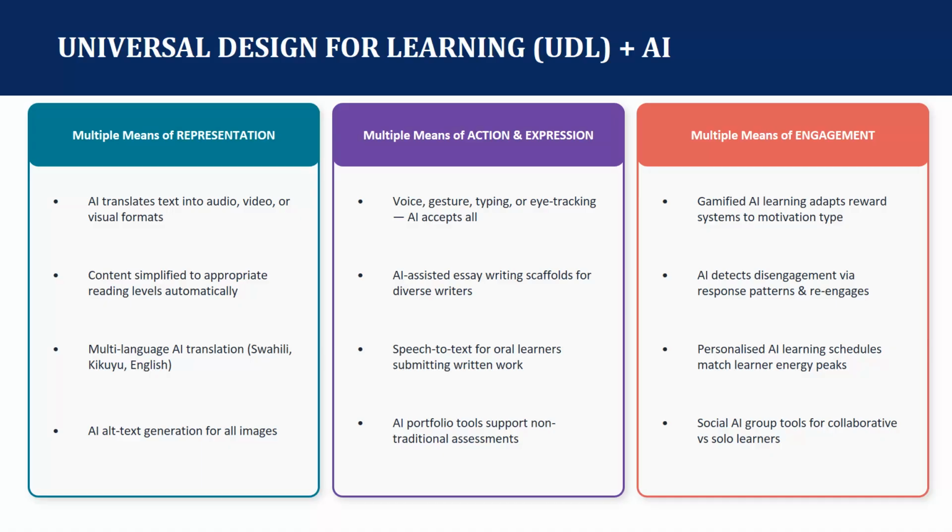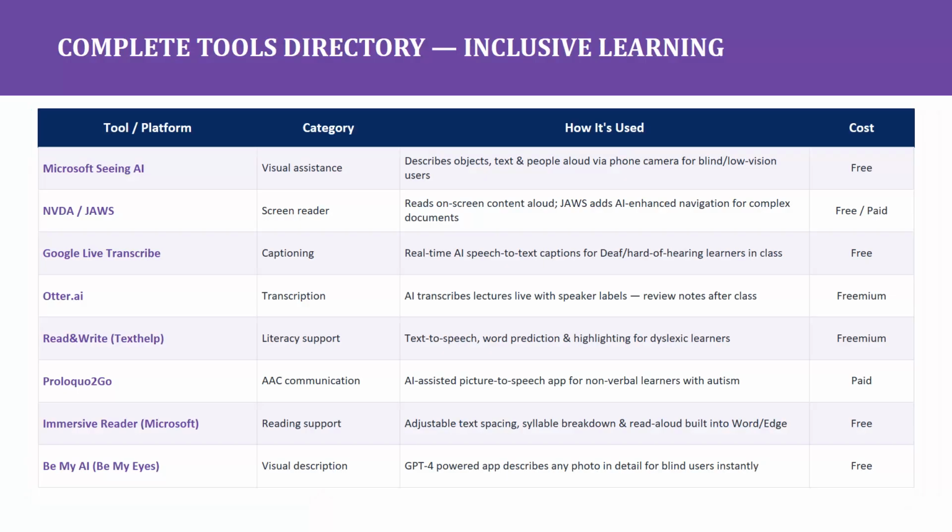Now we have the social AI group tools for collaborative and solo learners. All these are very, very powerful tools that we categorize as universal design for learning. Then we have the complete tools directory, that is inclusive learning.